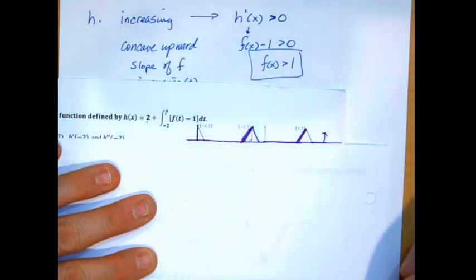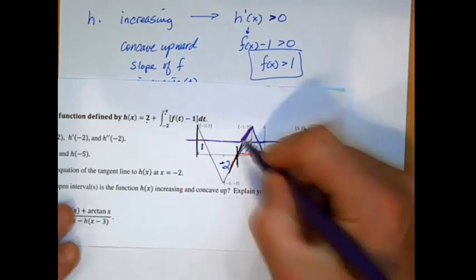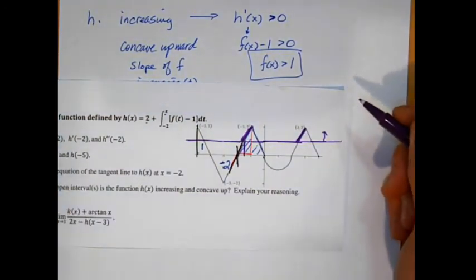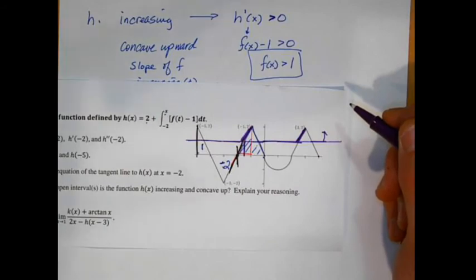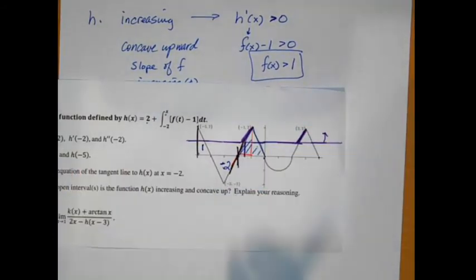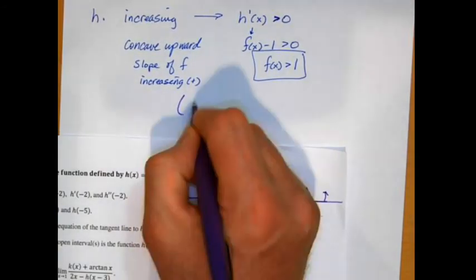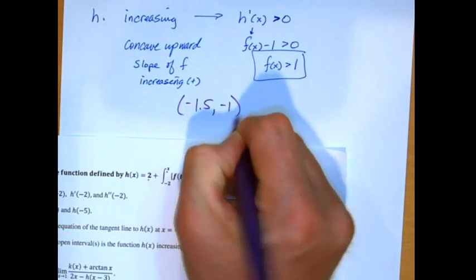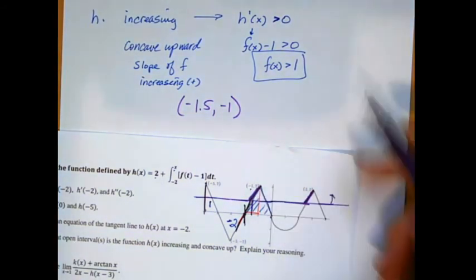So what are those two times? Well, those two, oh, that's halfway in between. And we know that's halfway in between because the slope is going to be right 1 and up 2, or we can go right a half and up 1. So that point right there gives the interval from negative 1.5 to negative 1, x values.